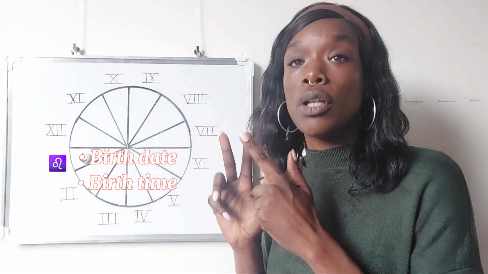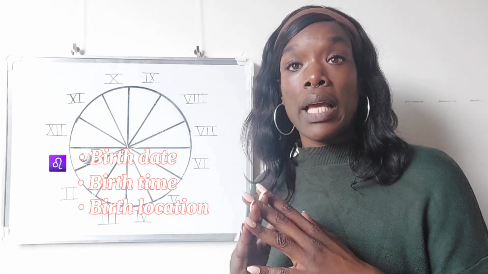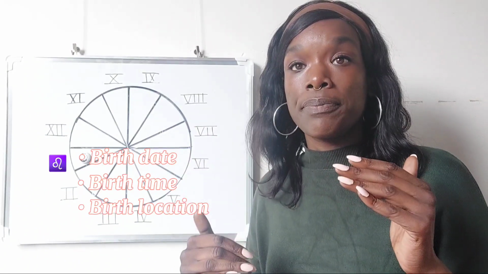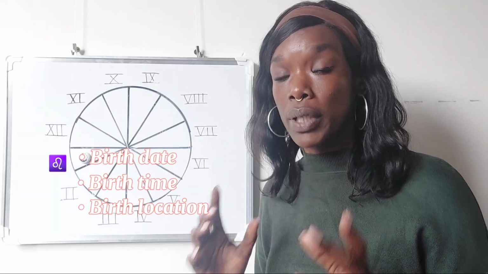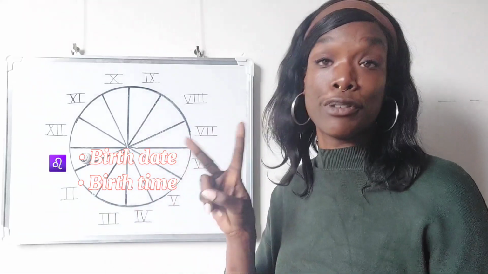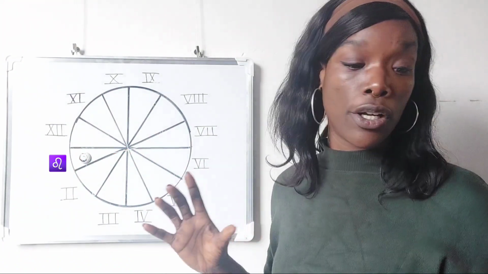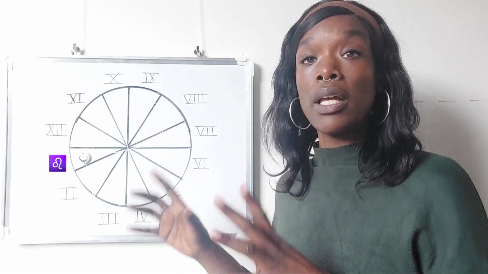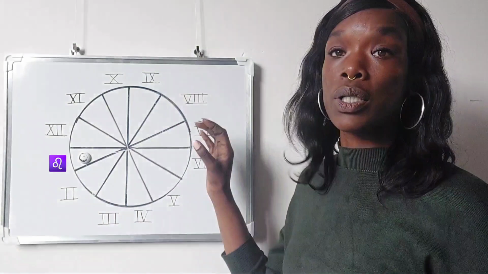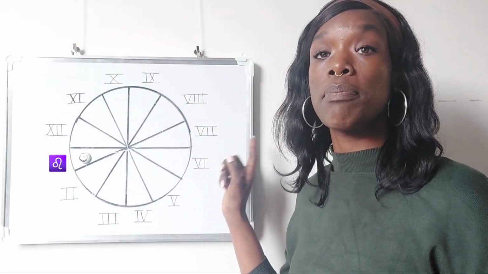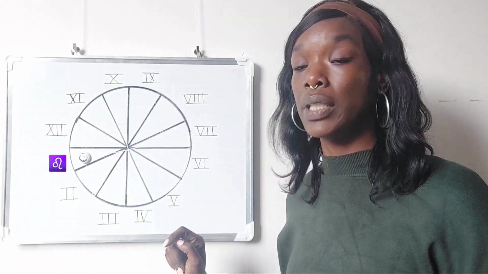And we need a birth location, as northern hemisphere, southern hemisphere. But if you don't have the birth location, we have two different ascendant birth charts. We have the tropical system, and those are with whole houses. So all the houses are 30 degrees, making up 360 degrees.